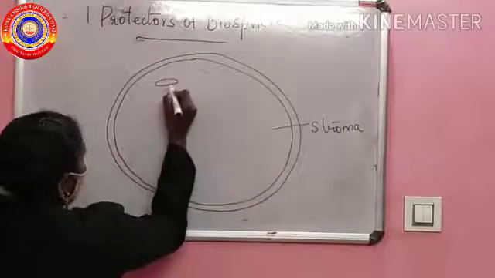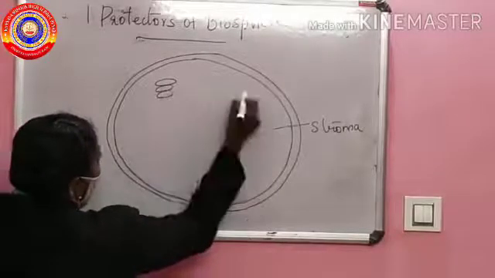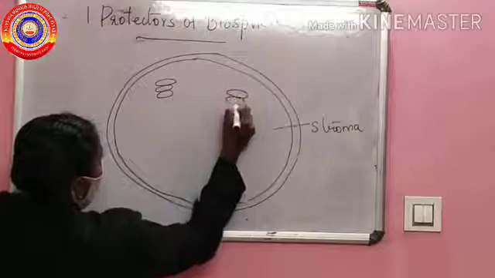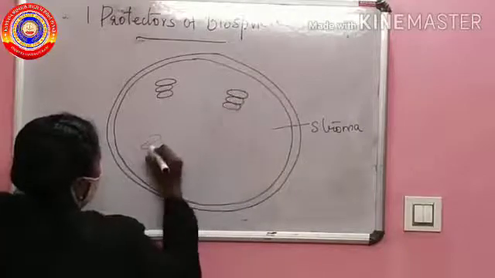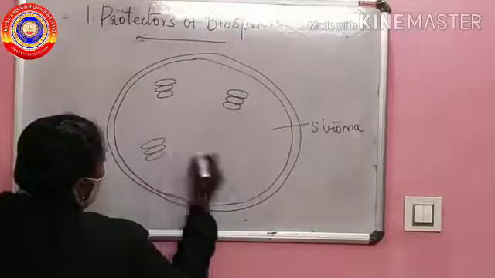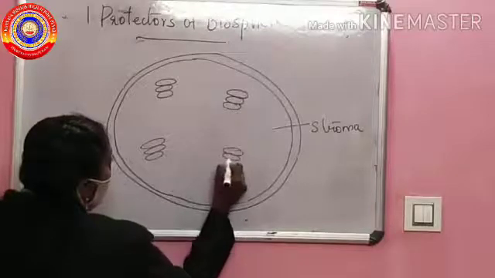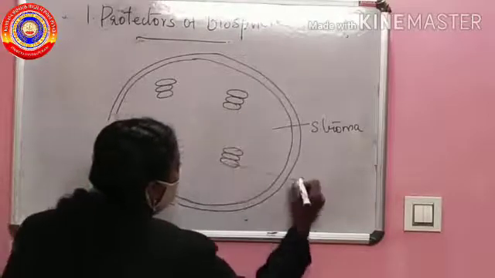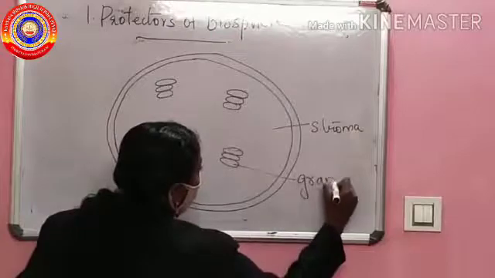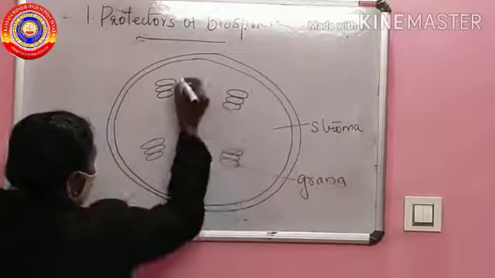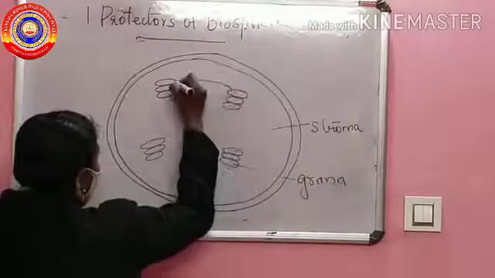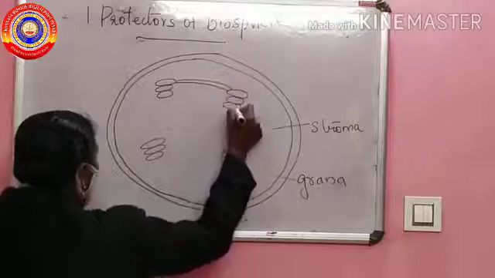Membranous sacs are arranged one above the another, which is called grana. Each grana is connected by stroma lamellae.